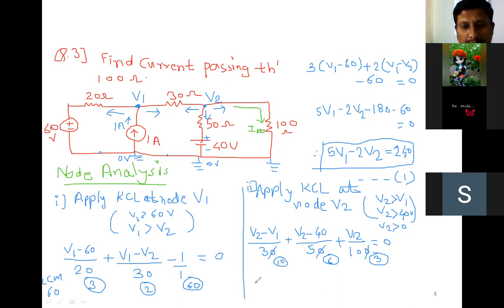Now 10 into this bracket will give 10 into V2 minus V1. Next 6 into V2 minus 40.